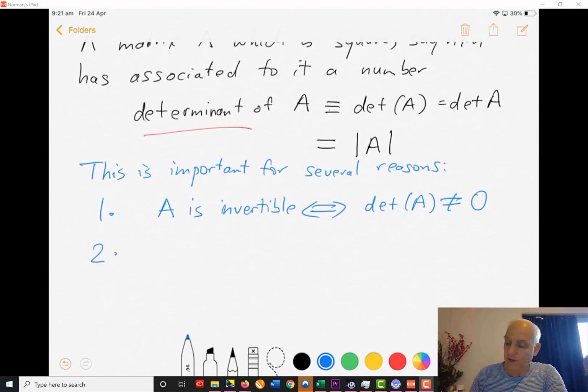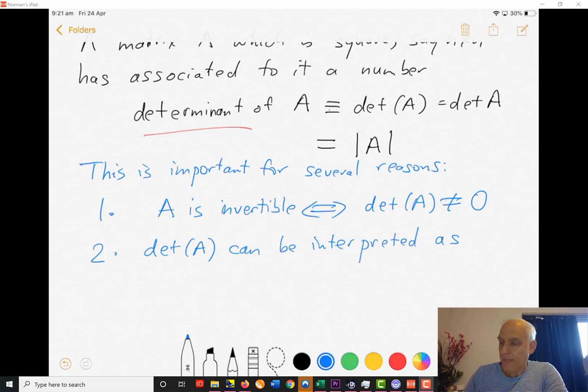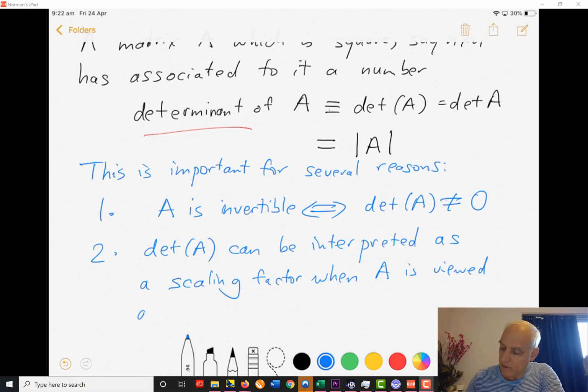Another important reason is that the determinant of A can be interpreted as a scaling factor when A is viewed as a linear transformation.